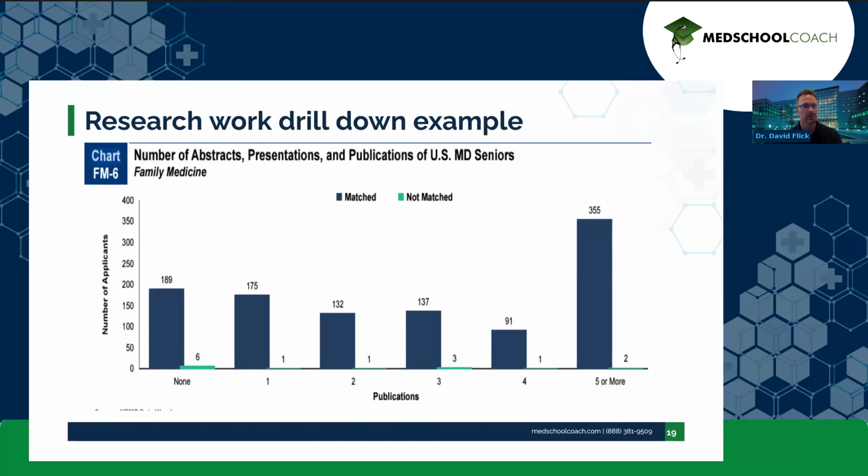Whether you've got a lot of research or almost none doesn't have a significant impact on your ability to match, right? Look at those people with none, 189 matched and 6 didn't. So you can look at this drill down data and say, look, for family medicine, even though the average was 4.6 for people that match, it doesn't really matter what you've got.